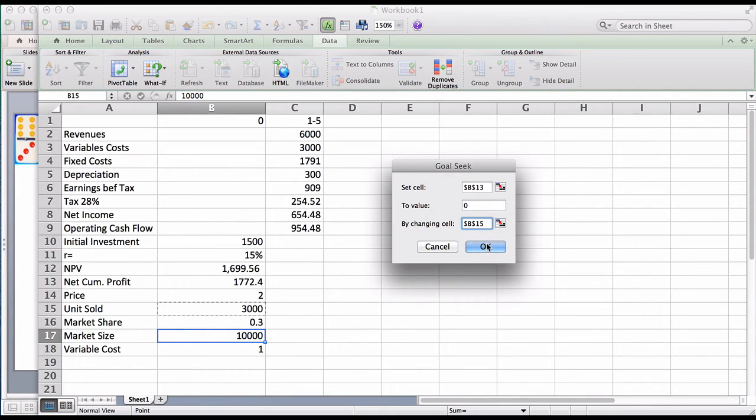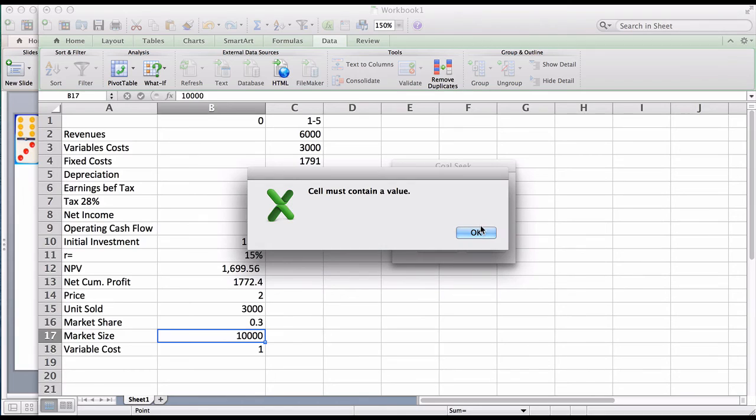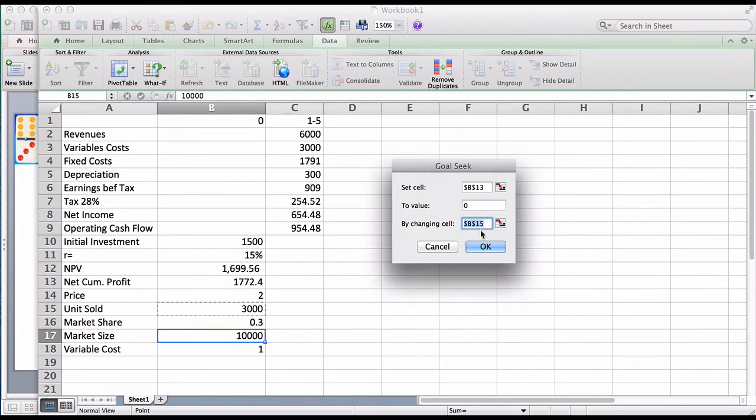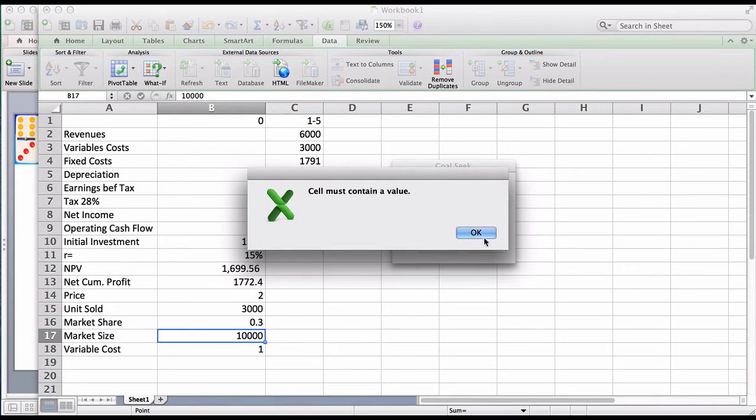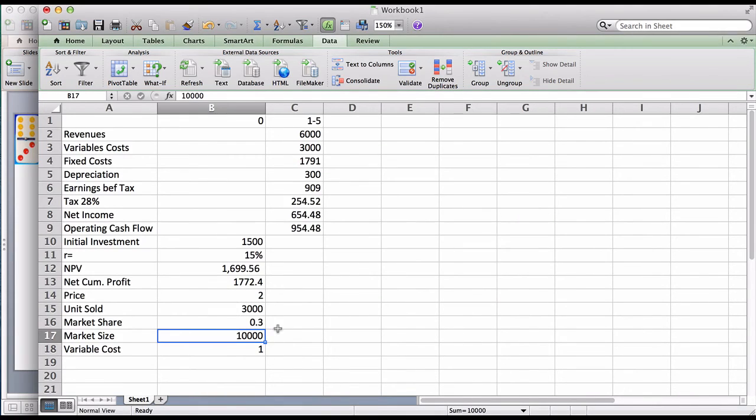So I click OK. Cell must contain a value. So what's set cell B13 to value 0 by changing B15. Cell must contain a value. Working with Excel is the same as working with dogs and children. Sometimes you don't know what's going wrong here. So, aha!